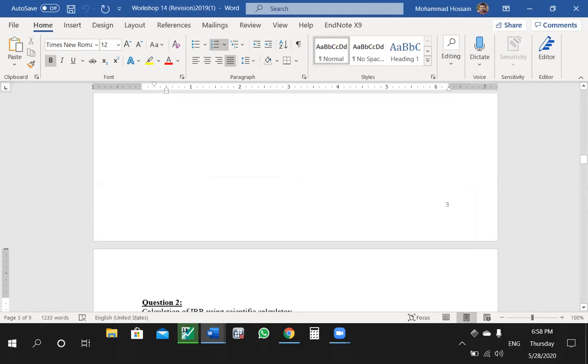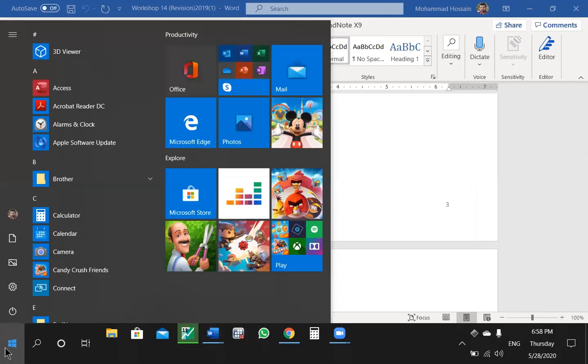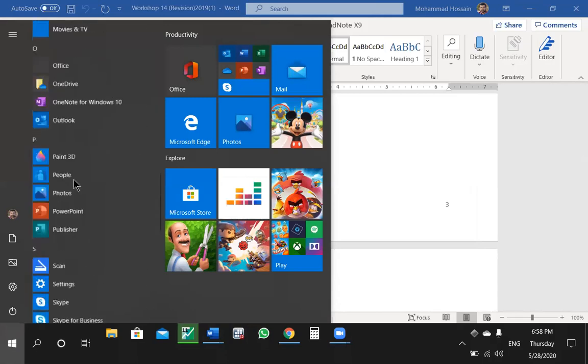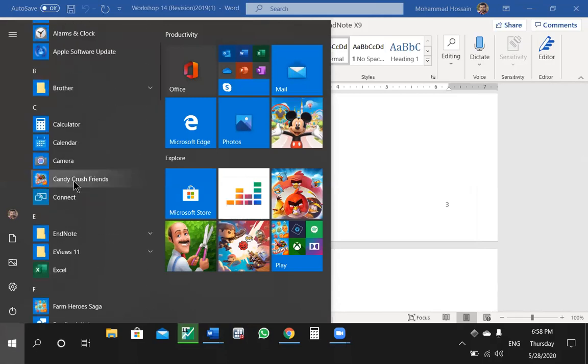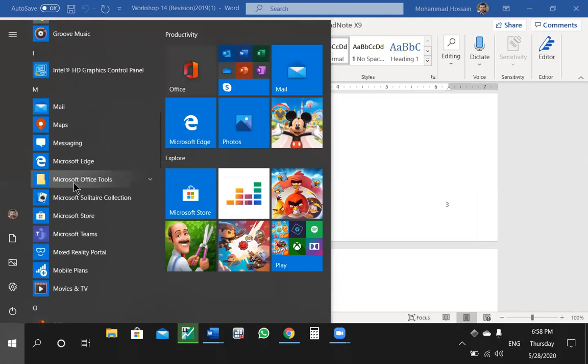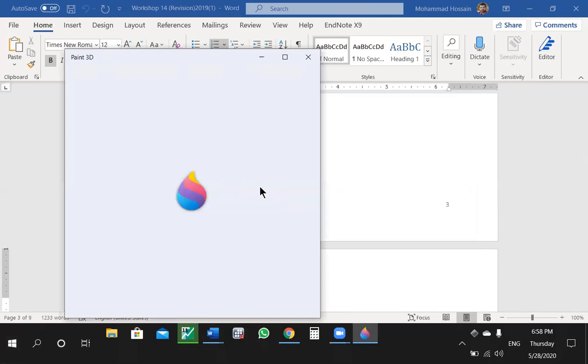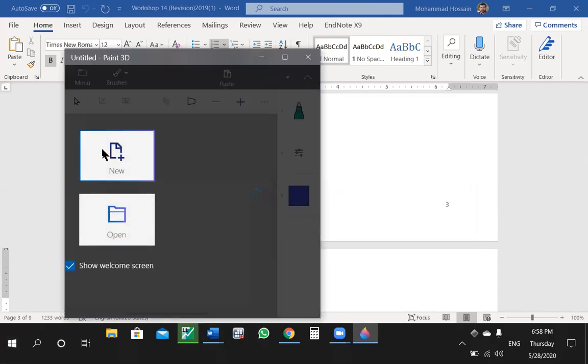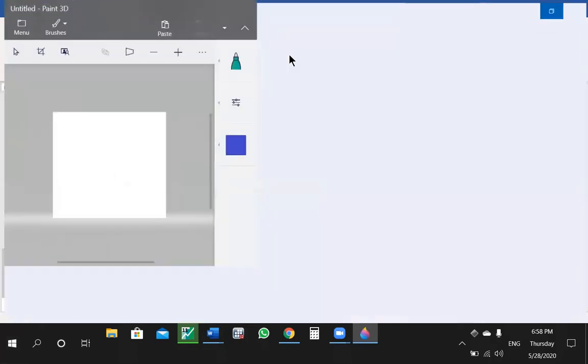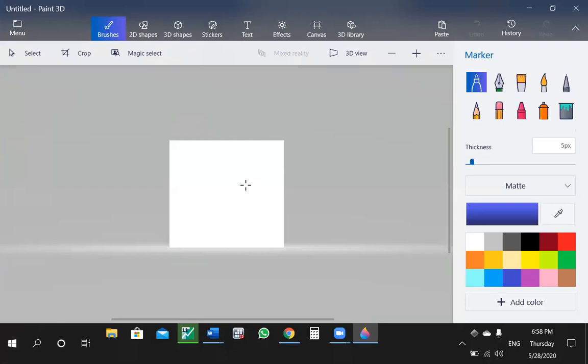I'm gonna use, yeah, we have that whiteboard, but I will use Paint 3D. I think this is the one. No. Oh gosh, why is it too small?